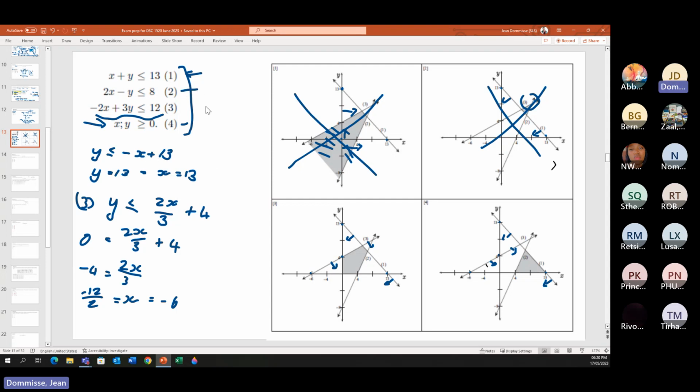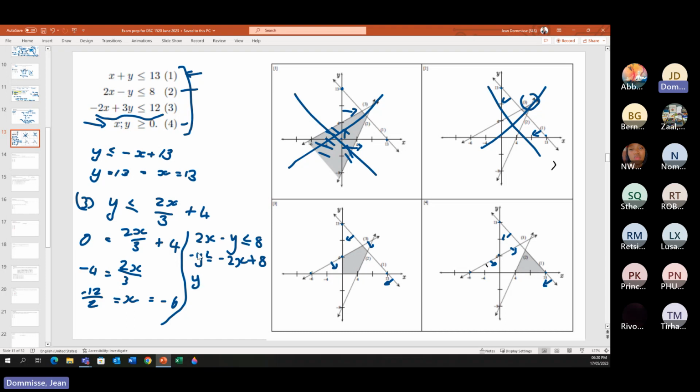Okay, so let's quickly see if I can work out line 2 here. So we've got 2x minus y smaller or equal to 8. Minus y smaller or equal to minus 2x plus 8. Okay, so I want to change the sign of the y.